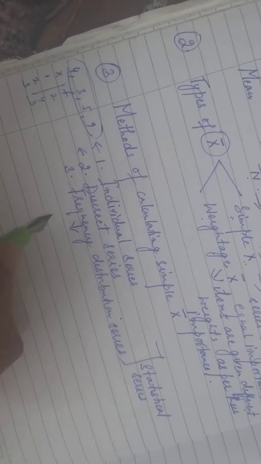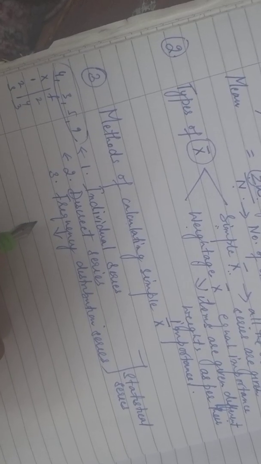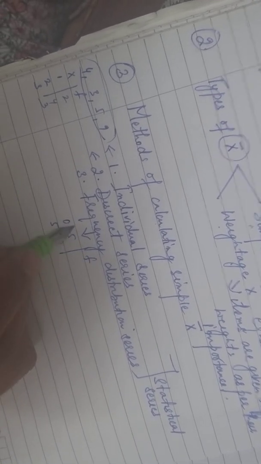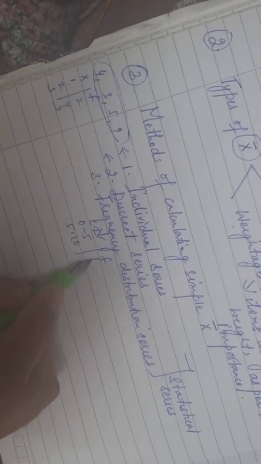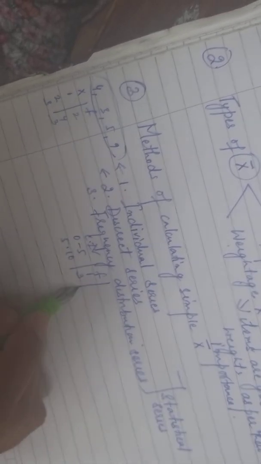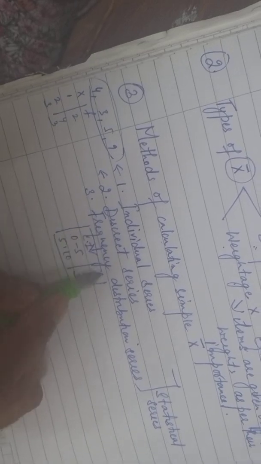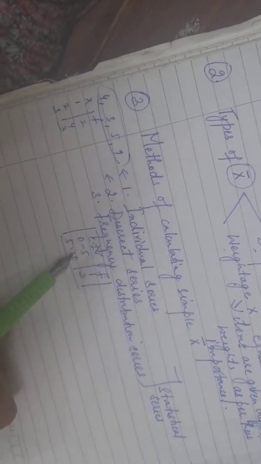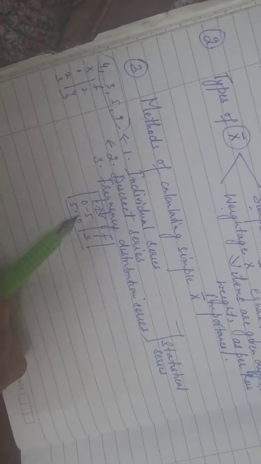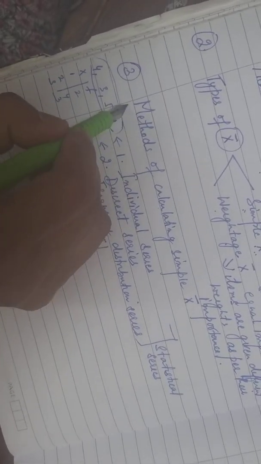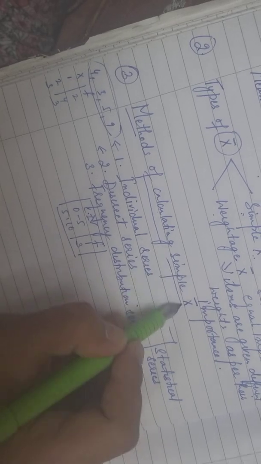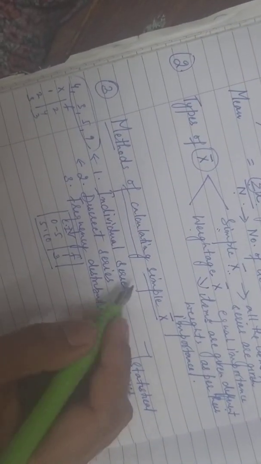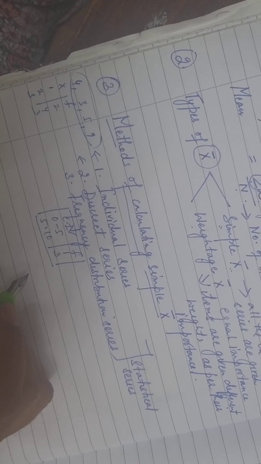Under frequency distribution series, remember class interval: we have 0 to 5, 5 to 10, and we have frequency 2. So we will be getting a series like this. Now see here, we have to calculate simple arithmetic mean in these 3 series.